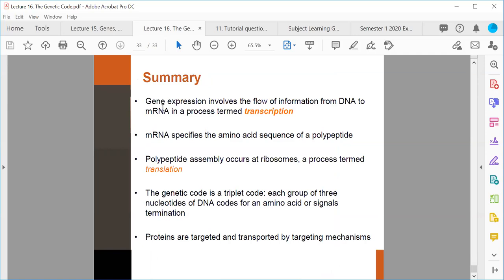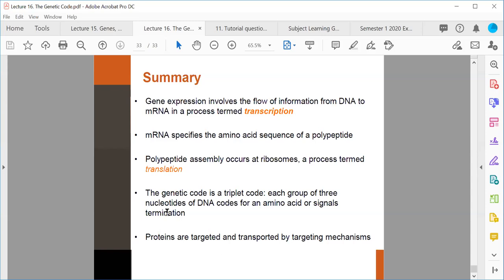So in summary, gene expression involves the flow of information from DNA to messenger RNA in a process called transcription. Messenger RNA specifies the amino acid sequence of a polypeptide. Polypeptide assembly occurs at the ribosomes. The process here is called translation. The genetic code is a triplet code.